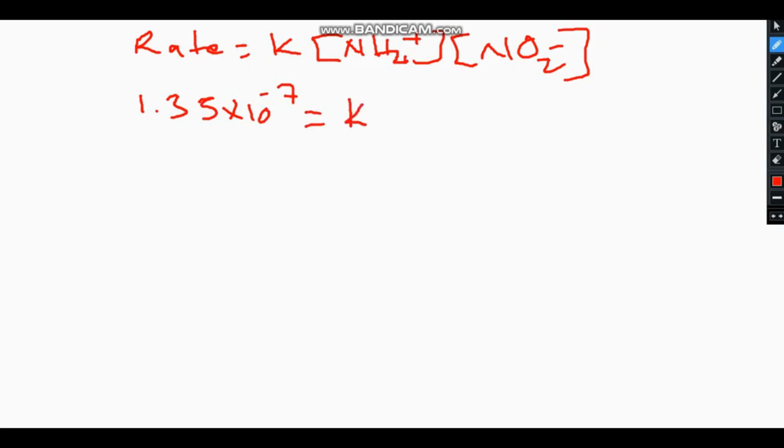Then the concentration of NH4 in the first experiment is 0.1, multiplied by the concentration of NO2 in the first experiment, which is 0.005. Once we have this, we can make K the subject of the formula.